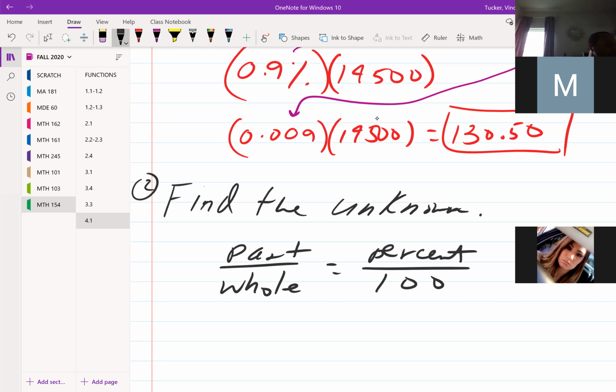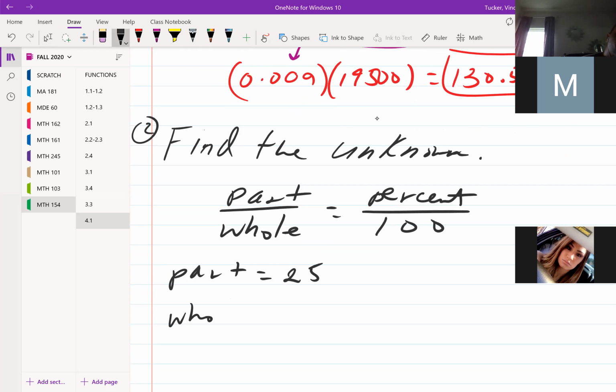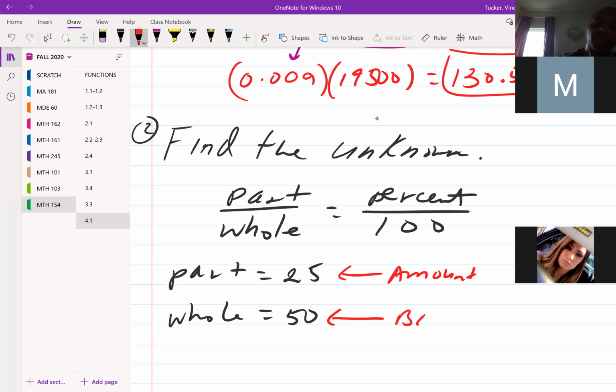All right, so they give us a setup that they want you to practice using. This one's kind of straightforward. I probably should have chosen another one, but that's all good. So part over whole. In this case, they gave you the part and they gave you the whole. Sometimes the part is referred to as the amount and the whole is referred to as your base.